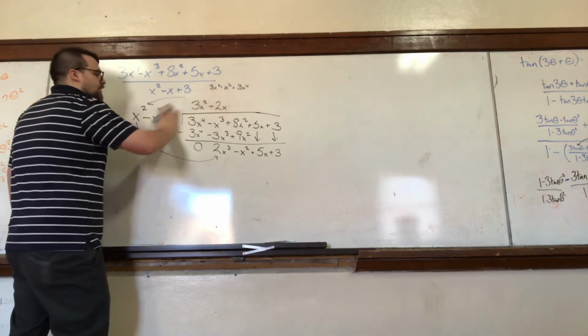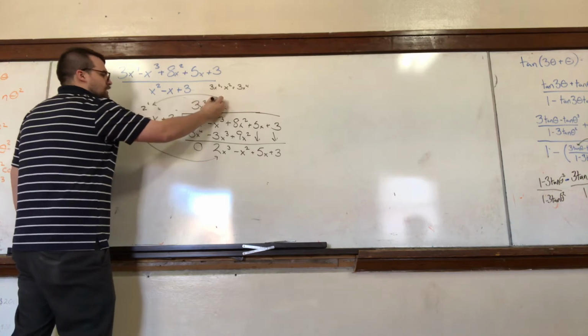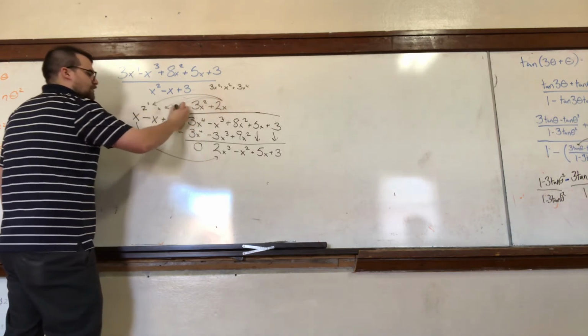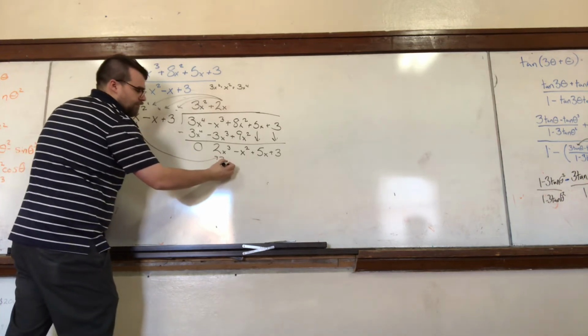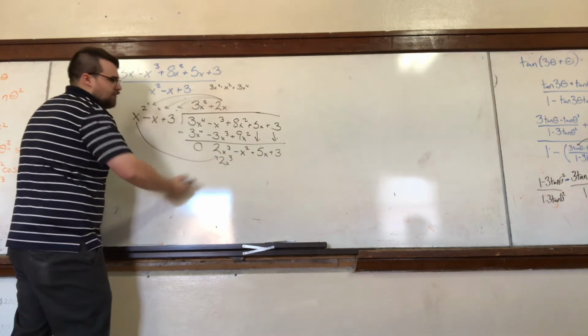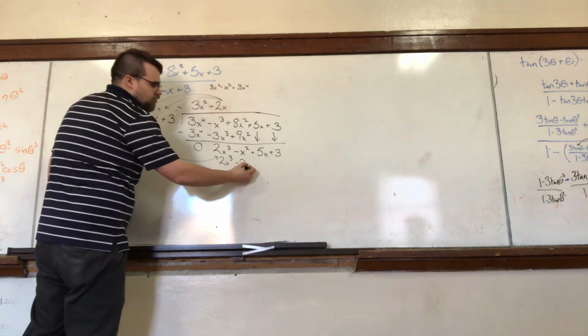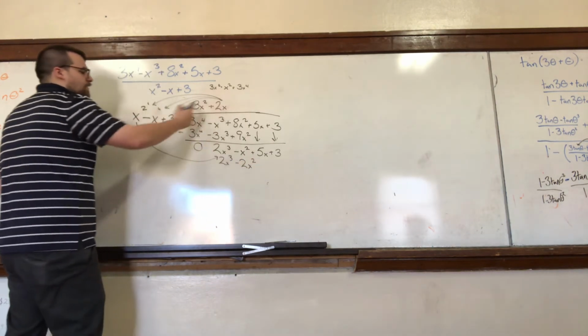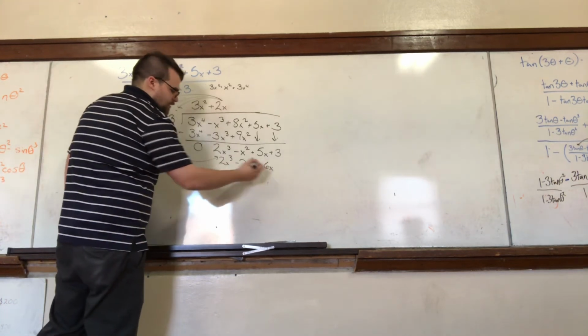That 2x is going to distribute into this in the same way the 3x squared did. Now 2x times x squared is going to be 2x to the third, exactly what we want it to be. 2x times negative x is going to become negative 2x squared. And then 2x times 3 will make a positive 6x.